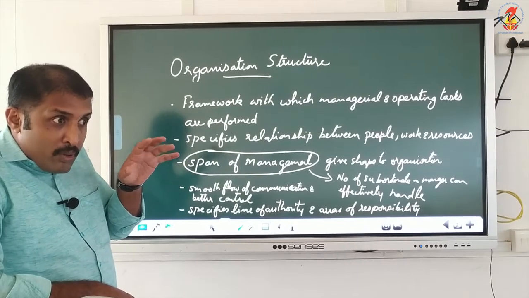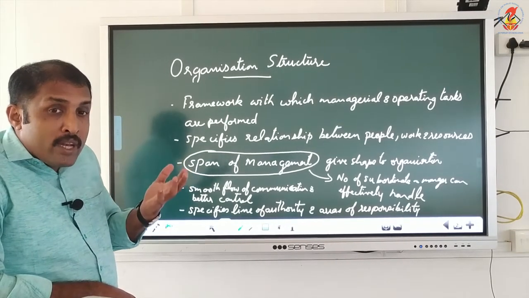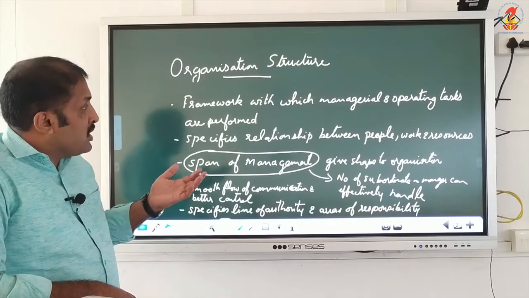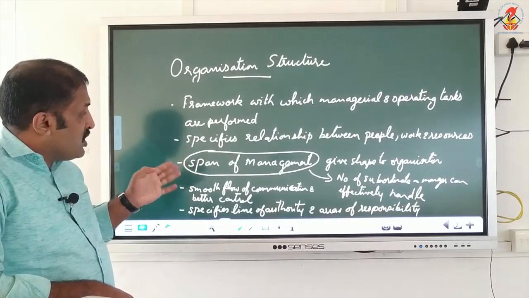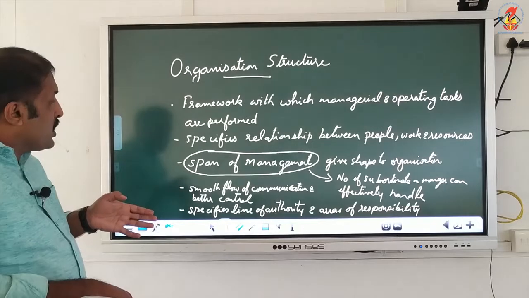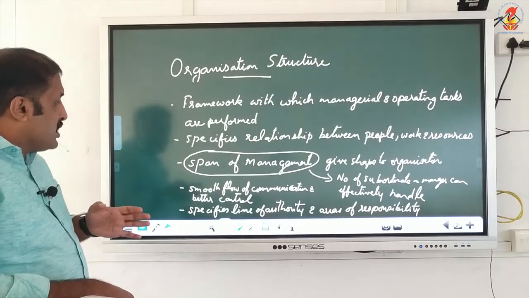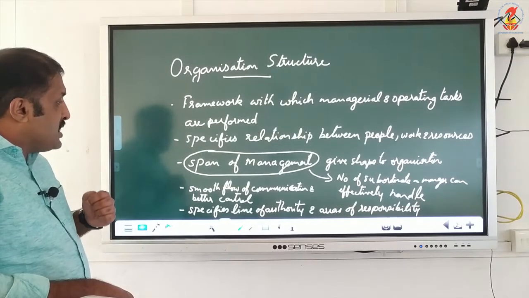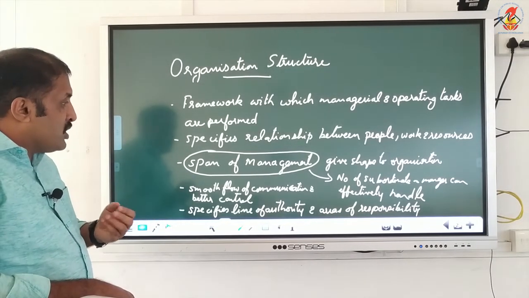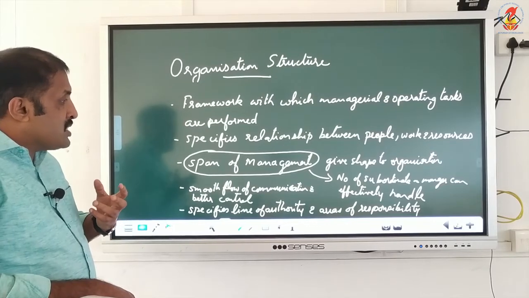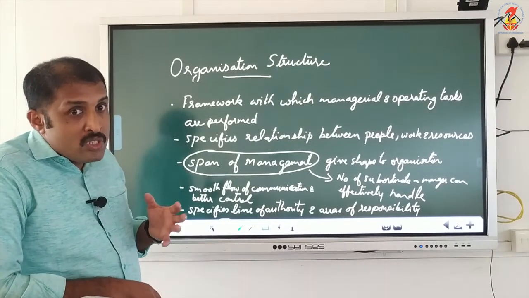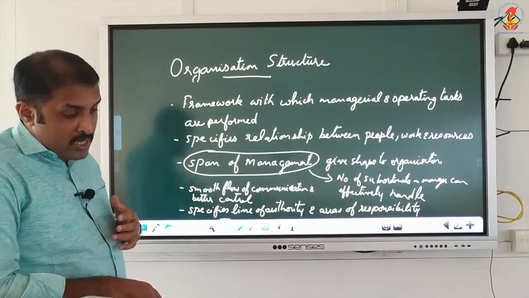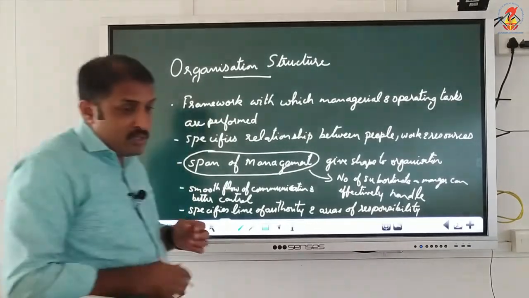Or when a manager is able to handle more subordinates, there will be a change in the framework. Organization structure also helps in smooth flow of communication and better control, and it specifies the lines of authority and areas of responsibility. So, this is the meaning of organizational structure.